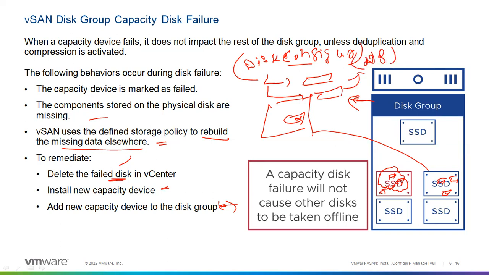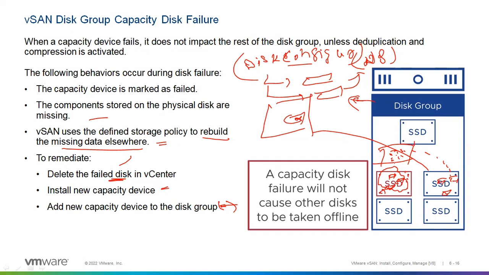Okay. And what happens? If I bring up the new disk in place of this faulty disk, again, it's the intelligence of vSAN. It will start to resync some of the data onto the new disk, because at the end of the day, it needs to rebalance your entire vSAN cluster. Got it?